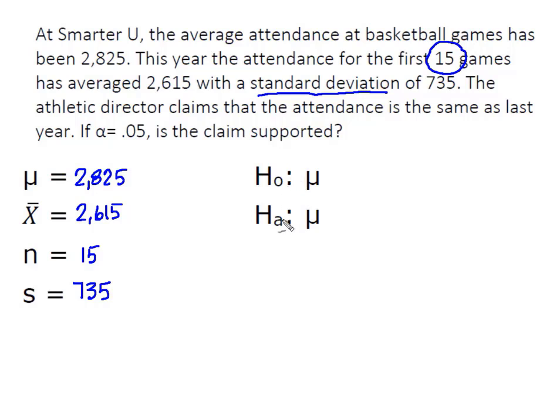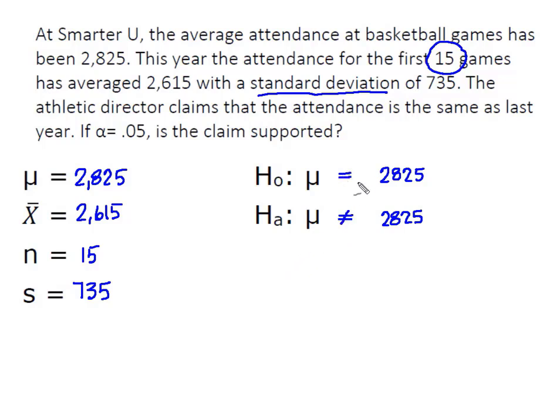So let's set up our null and alternative. So the established value of the mean is 2825, and the athletic director claims that it is the same as last year, which means our alternative sign is not equal to.